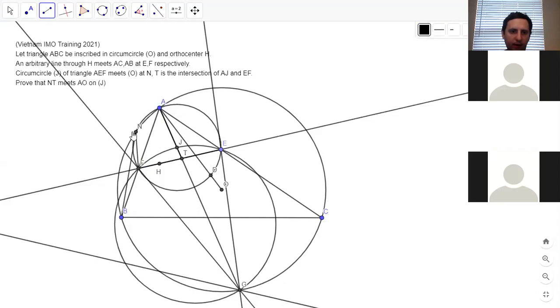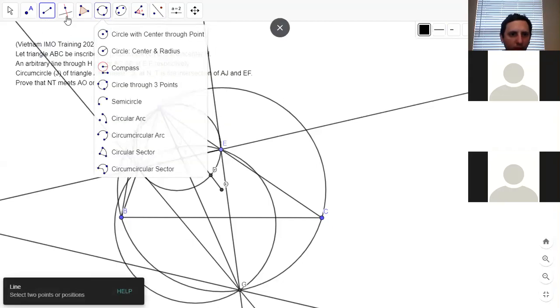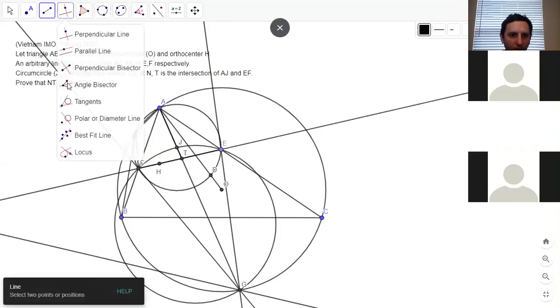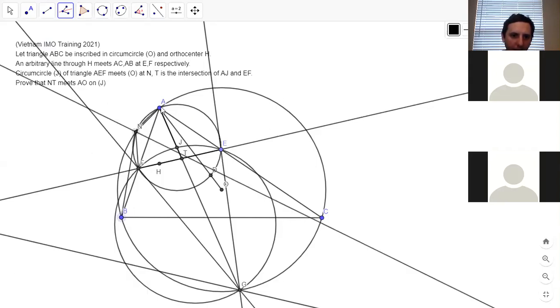Where does it take NA to? So basically I want an angle. Yeah, let me do this. Okay, I'll need to take the angle bisector of this and then reflect NF over it.